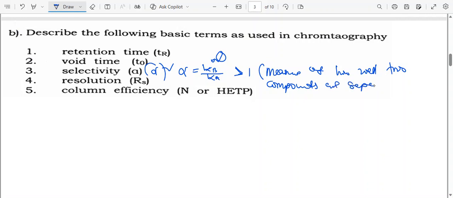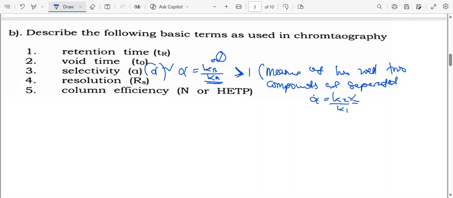Using the formula we gave, alpha needs to be greater than 1. Sometimes they can ask you to calculate that, so make sure that you put the bigger value on top. So I can also write it as alpha equals K2 over K1.